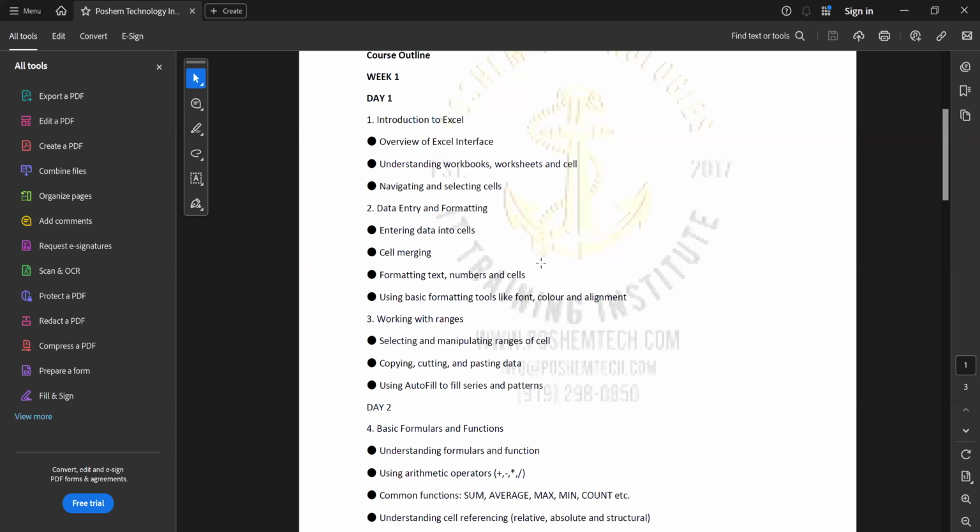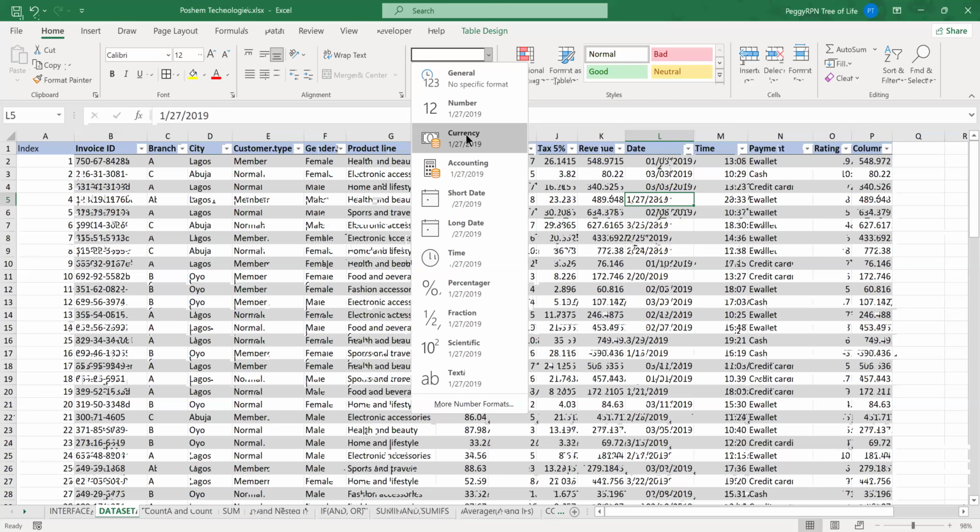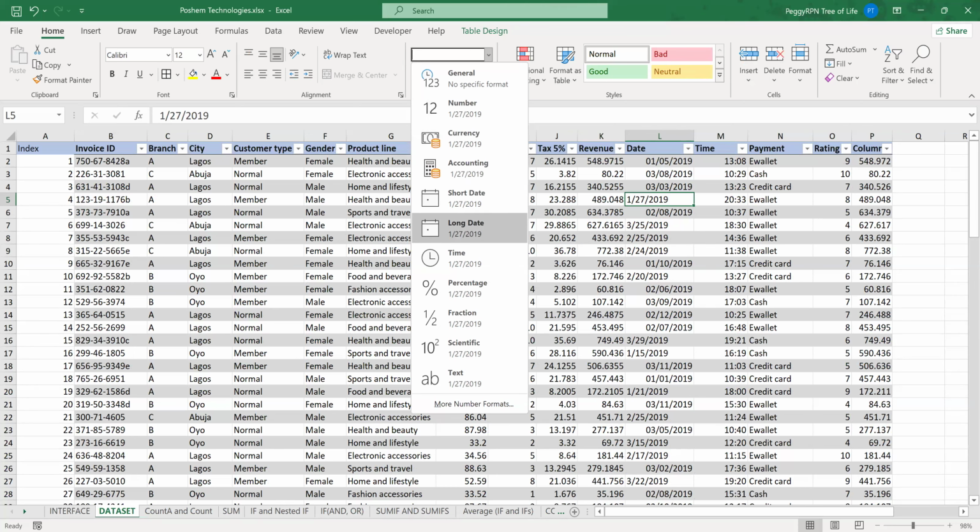Formatting is more like what we did here. We'll be using more of this tomorrow though. Number, currency, account, short dates, long dates, we did that. So we even covered much more than I expected.